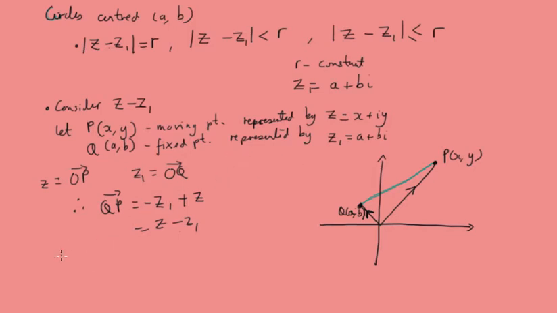So now, if the modulus of Z minus Z1 equals r, therefore the length of PQ is equal to r. So this length here is r.